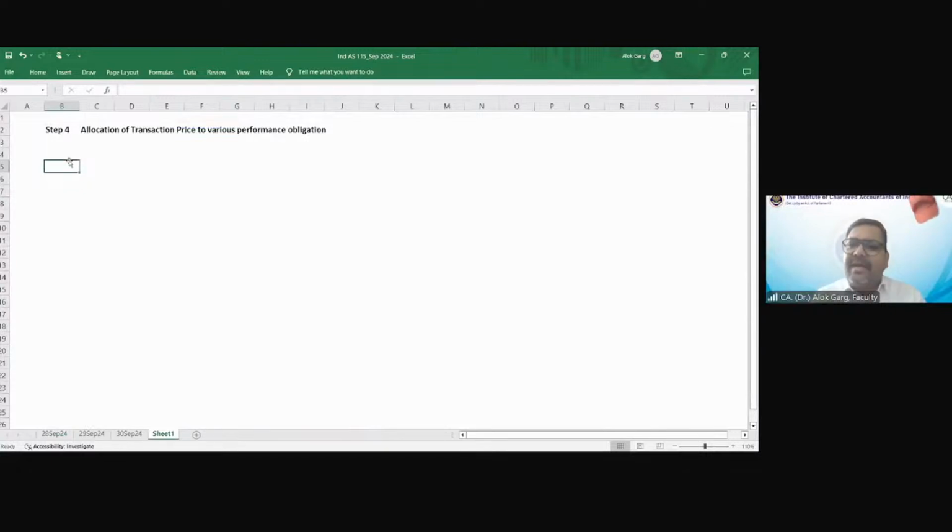once it is established that it is a contract with the customer, and you have identified that this contract has, let's say, 3 or 4 performance obligations, so it has multiple performance obligations, right?